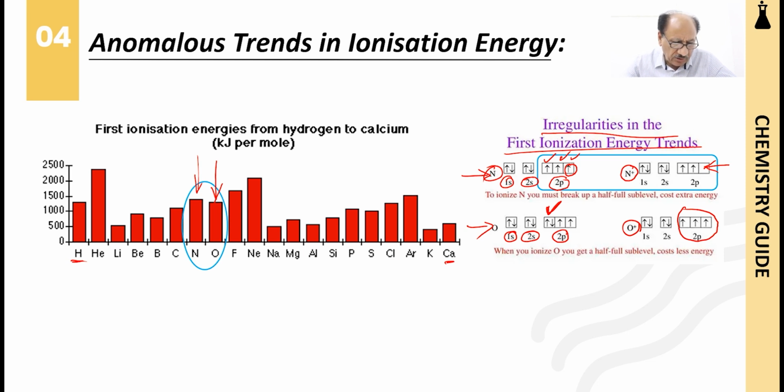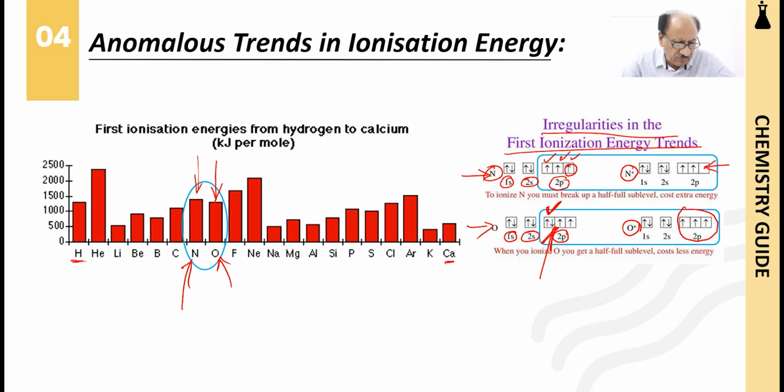That's why we are having higher ionization energy in case of nitrogen, and it is easier to remove in case of oxygen because 2px is having two electrons, so we can easily remove because of opposite spin. So oxygen is having lesser first ionization energy.